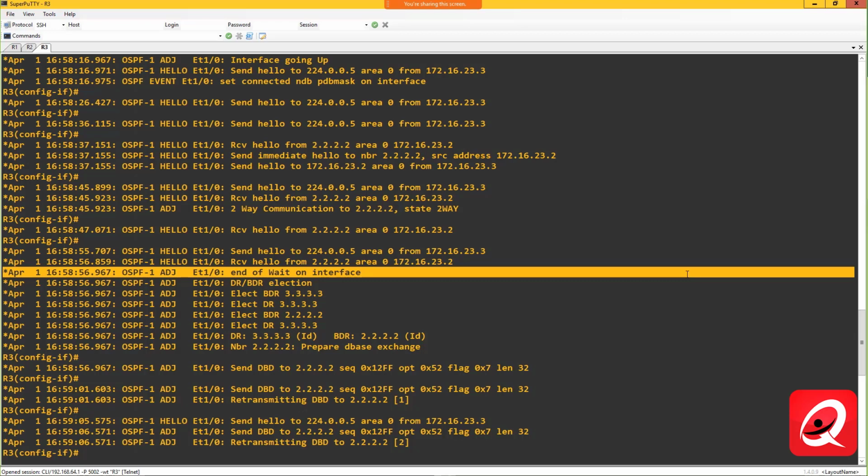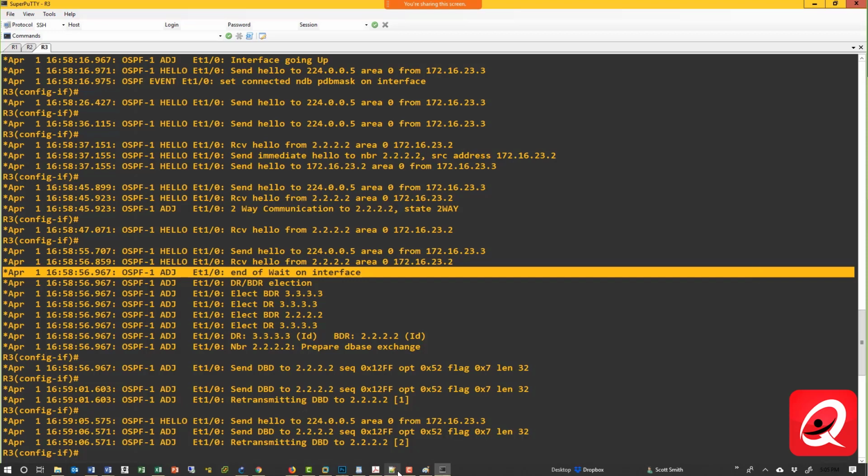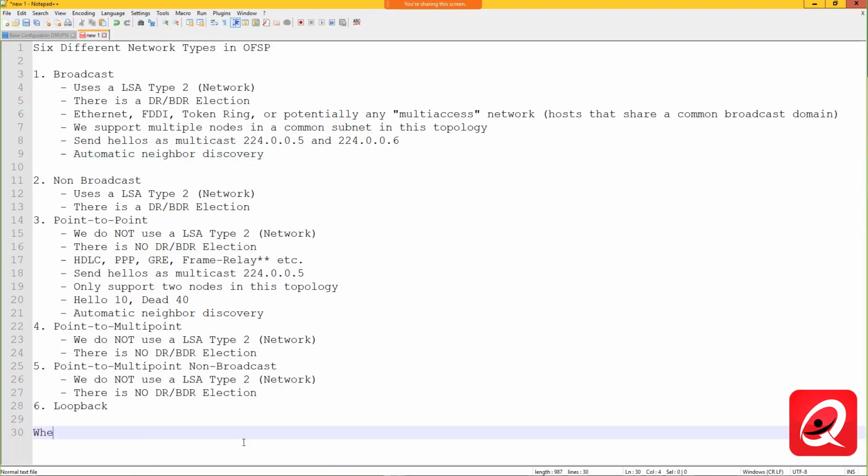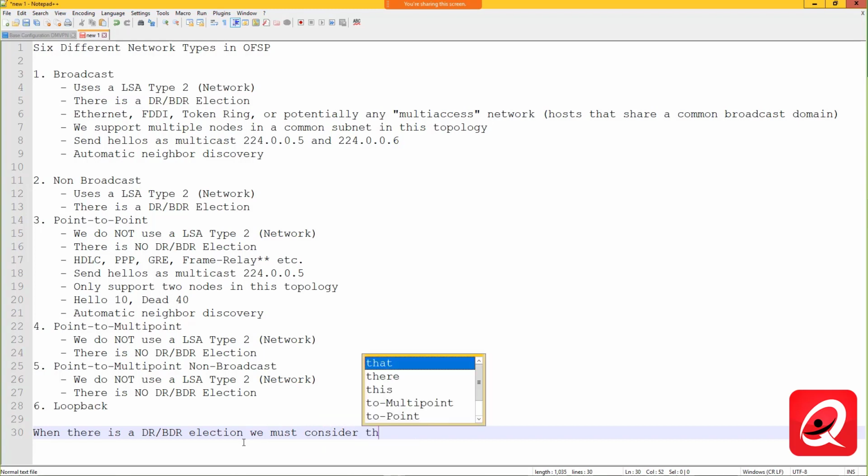As we talked about in one of our previous lessons, the DR/BDR election is based on the priority of the interface, number 1, which is by default a priority of 1. And I will put this in the notes, actually, let me do that now. Okay. When there is a DR/BDR election, we must consider the following.